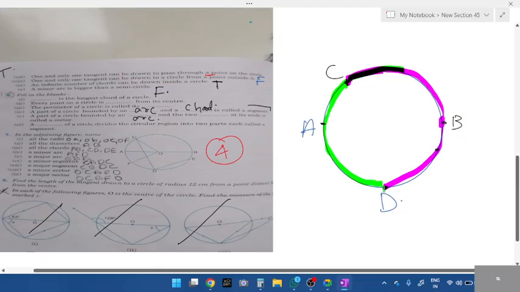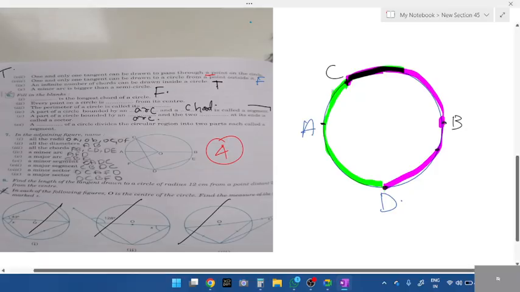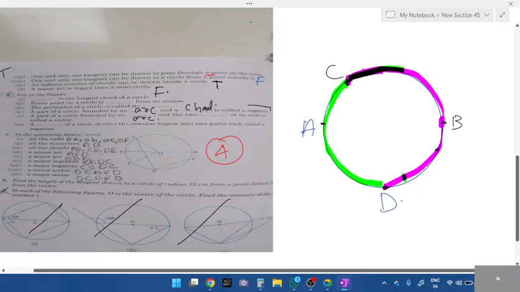Which is bigger? Which looks bigger? The green line or the pink line? Pink line. So that is the answer. CBD. You can take any 4 points. Okay, I have taken CADB. Fine. In these points, if I connect the arc, the biggest chord is CBD. That is what you have written.